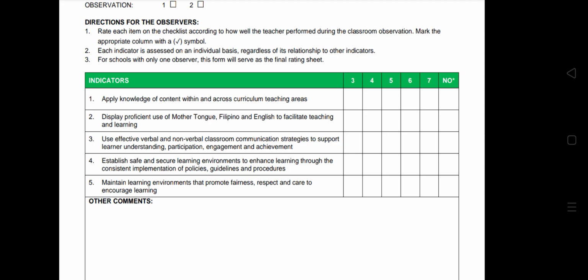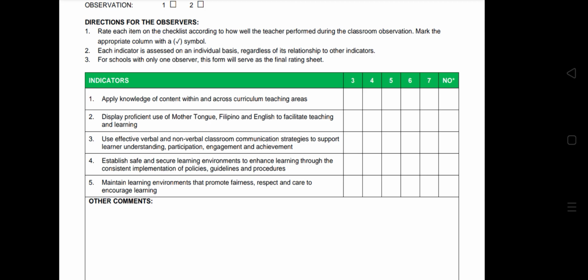Kasi pag 3 ang rating, the teacher demonstrates minor content errors either in presenting the lesson or in responding to learners' question or comments. 'Di ba? Pag nagtanong yung ating mga learners, dapat sinasagot agad natin ng tama, nag-respond tayo ng tama, at saka hindi natin napagalitan. So, 3 ang score ninyo dyan.